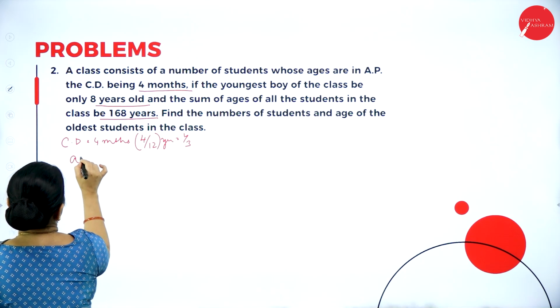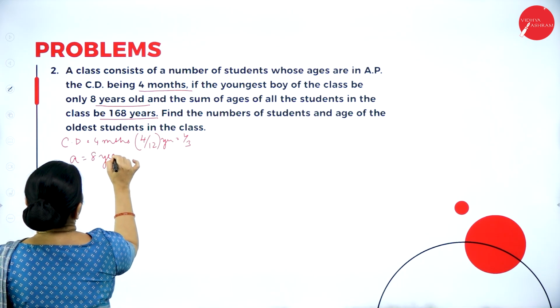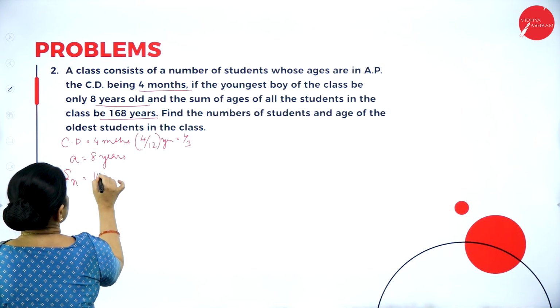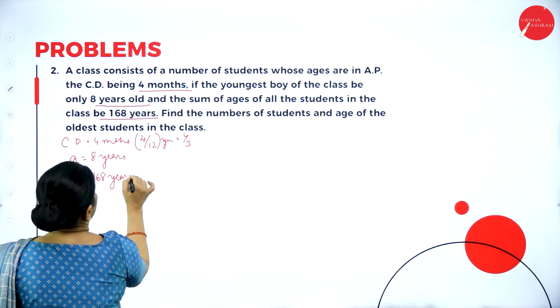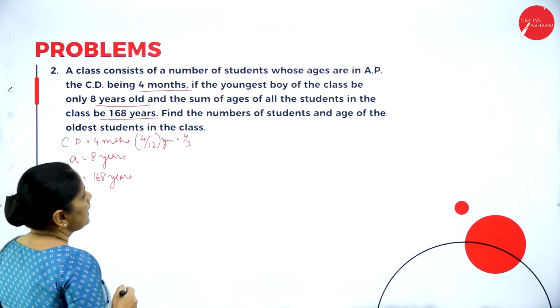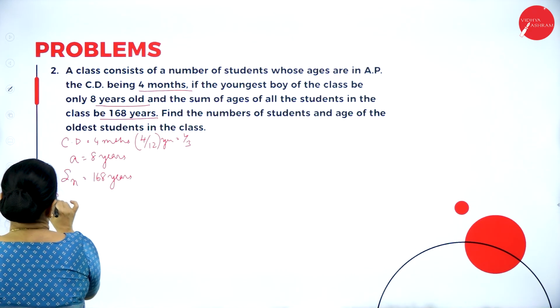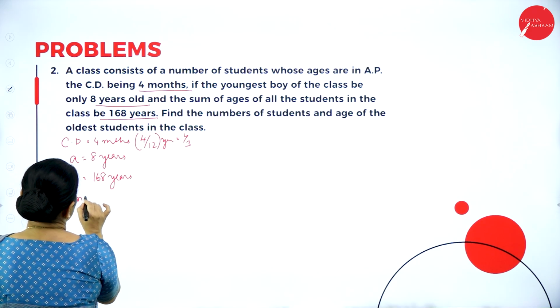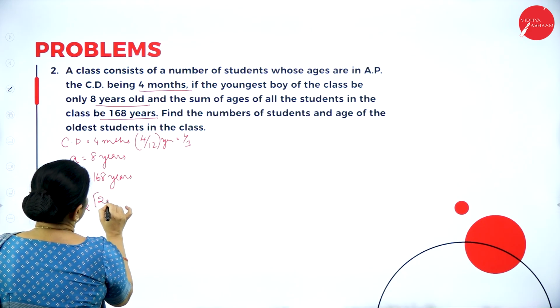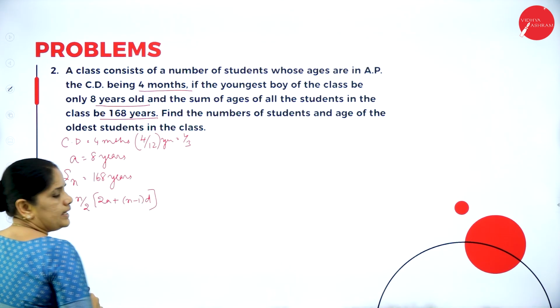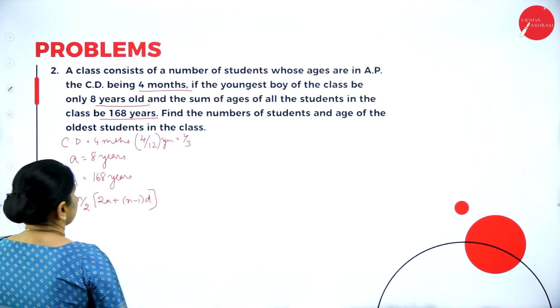Now the youngest boy of the class is 8 years old and the sum of the ages is 168 years. Find the number of students and the age of the oldest student in the class. Now Sn equals n by 2 into 2a plus n minus 1 into d.